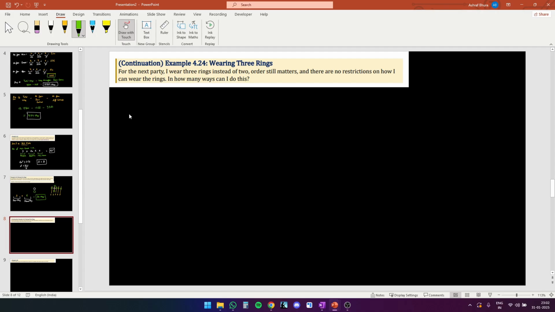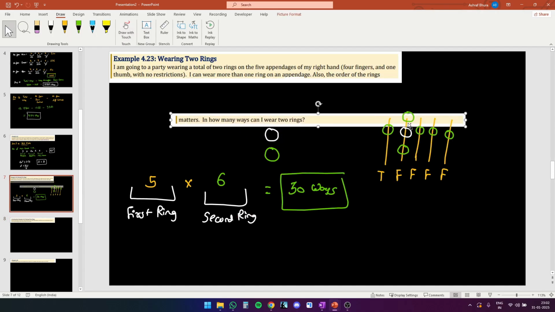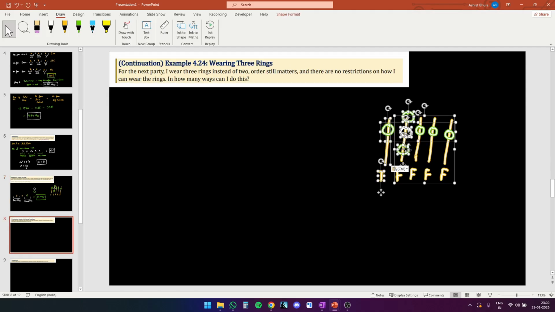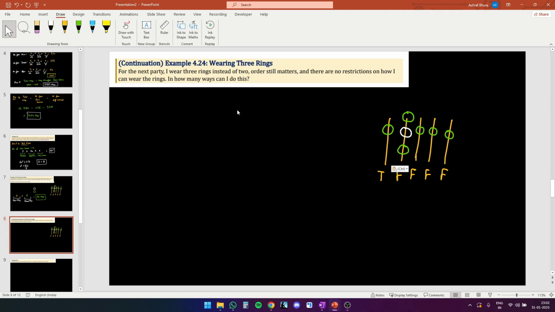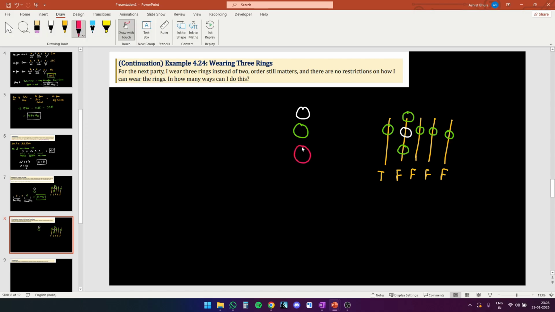Okay, next it's a follow-up question for the same thing. Now in this case what do we have? We are having 3 rings. One is white, one is green, and let's say one is red. Let's take this case where I have two rings like this.